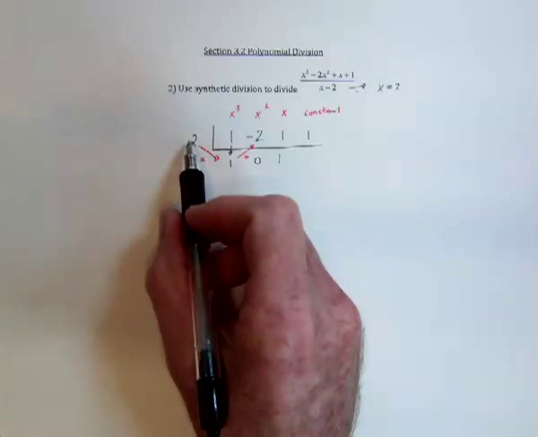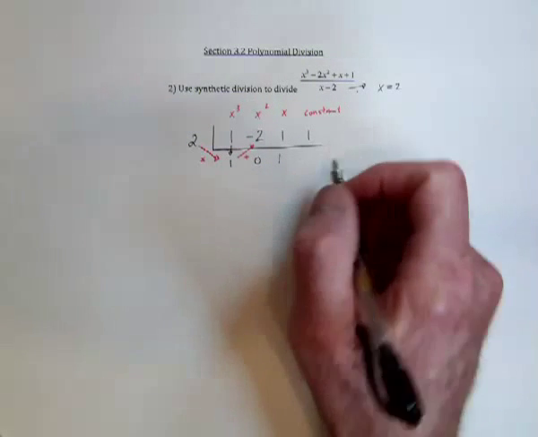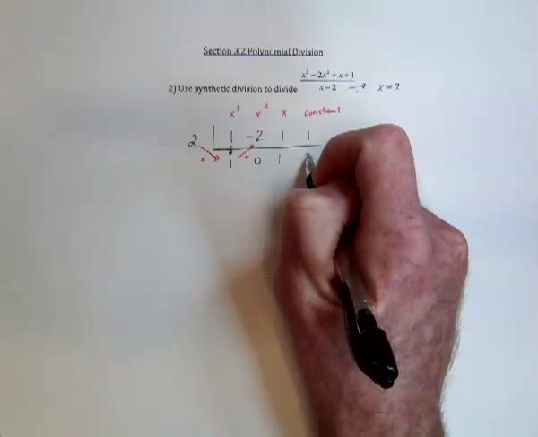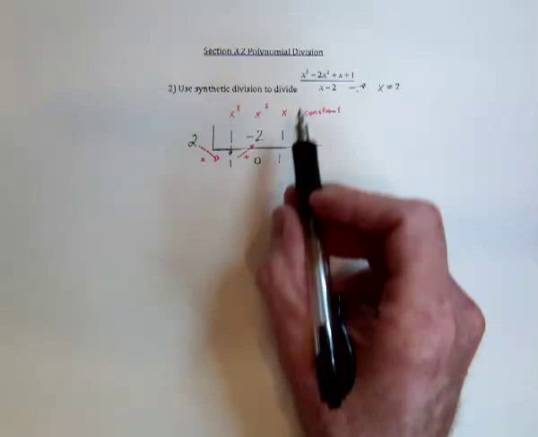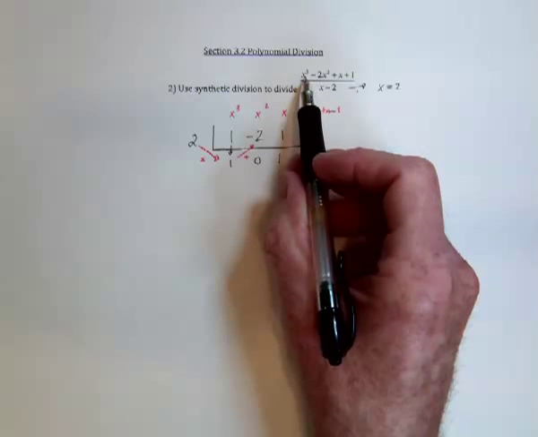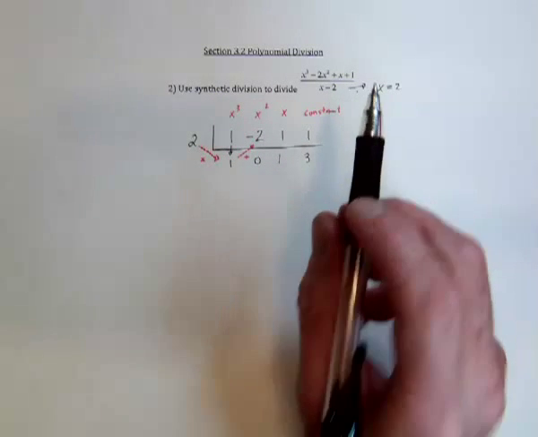And one more time. So multiply, it's going to be a 2, and then added to a 1 is going to be a 3. And now we're done. Since we had an x cubed function divided by an x function, the result is going to be an x squared function.